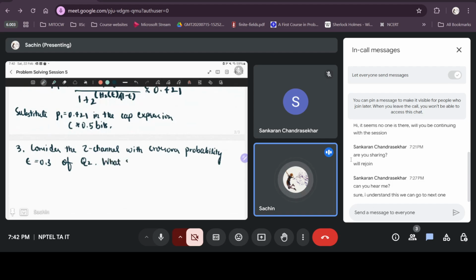What should be the input distribution that maximizes the capacity?